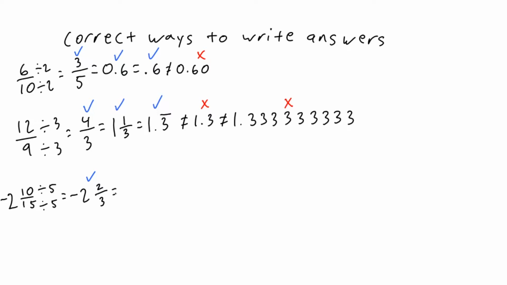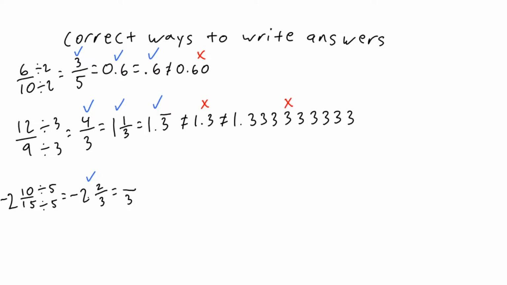Another correct way to write the answer is as an improper fraction. So to turn a mixed number to an improper fraction, we take the whole number, multiply it by the denominator, then add that number to the numerator, leaving the denominator the same. So right away, the denominator stays the same. It's going to be thirds. But how many thirds?